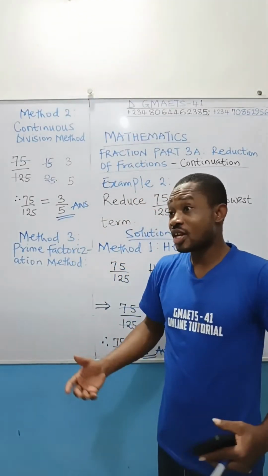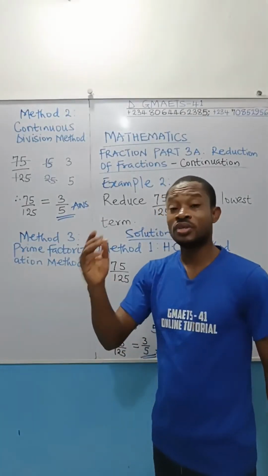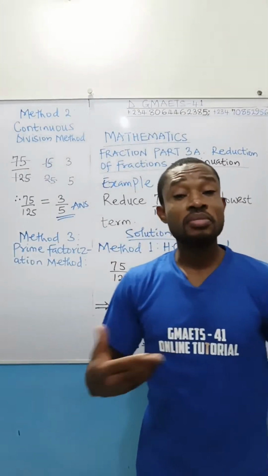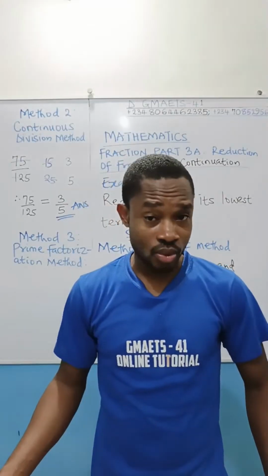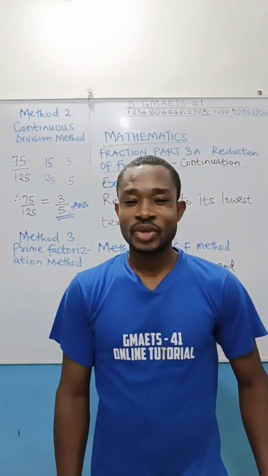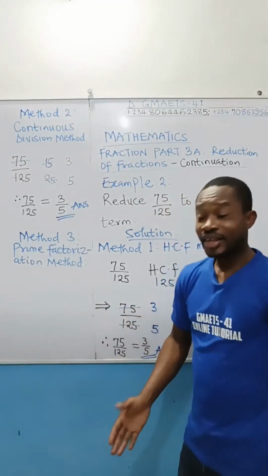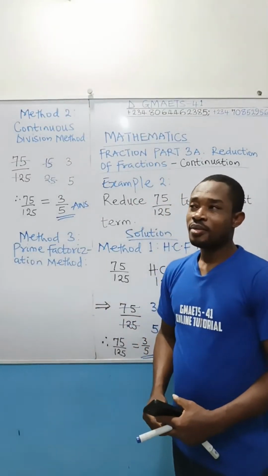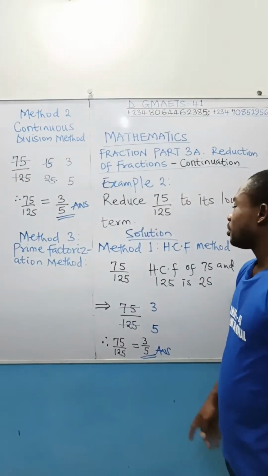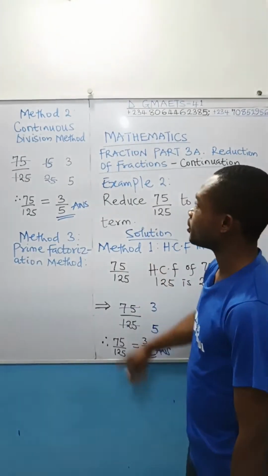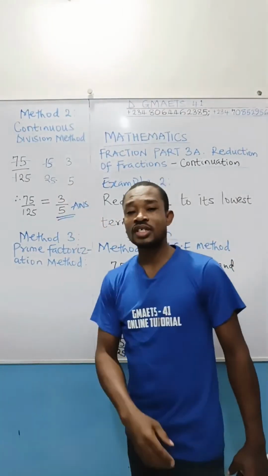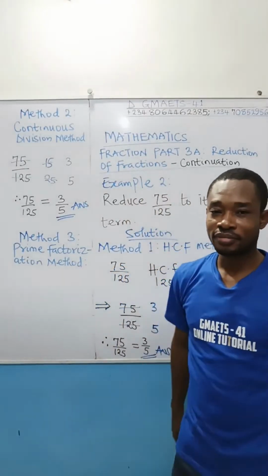Because the teacher can ask you, use the prime factorization method to reduce a fraction. But for me, I don't see it necessary anyway. So just learn it in case you're asked to use the method. But if you find yourself in the exam hall, please use either the HCF method or the continuous division method. It is better and faster.